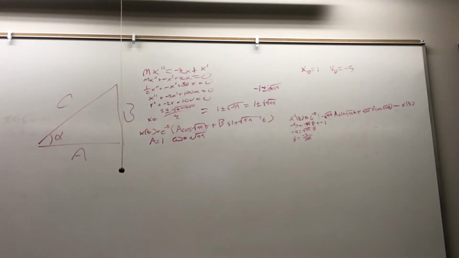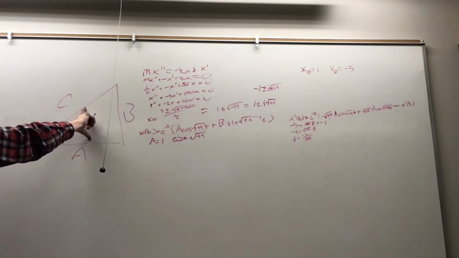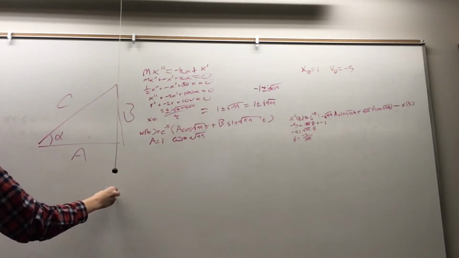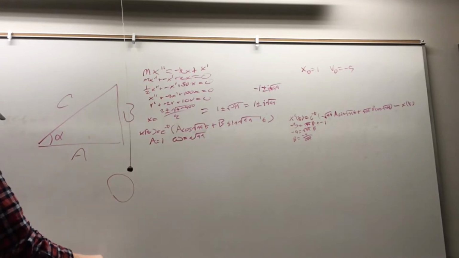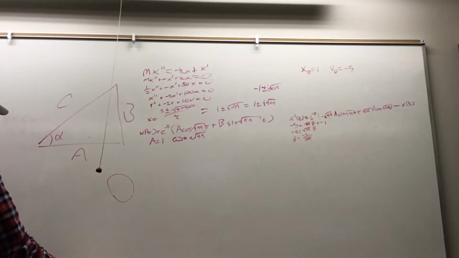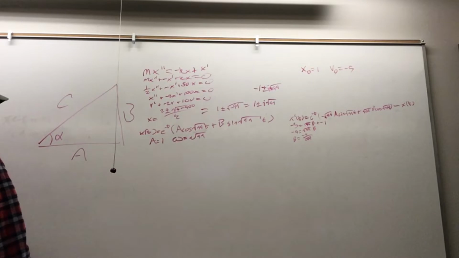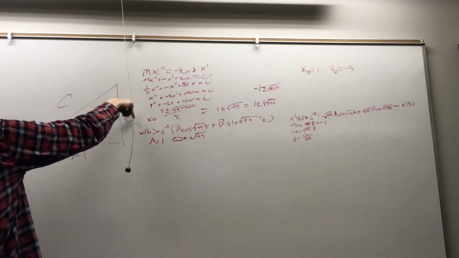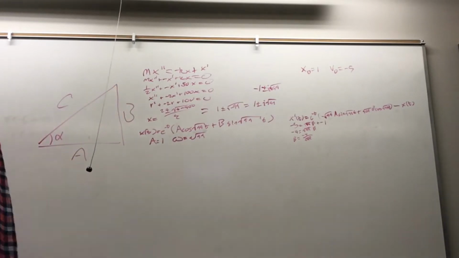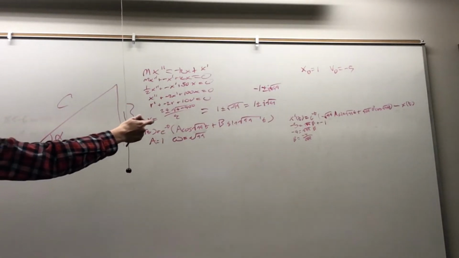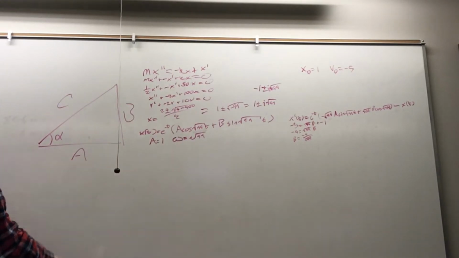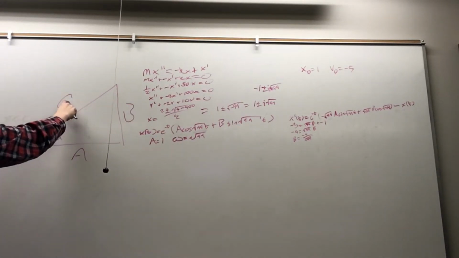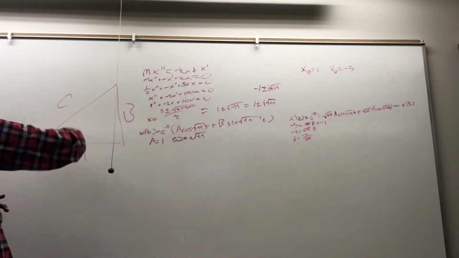We'll remember that A, B, and C are on a triangle. Alpha is the offset angle. So again, it's like it's going in a circle and it's been squished down. Alpha would be the offset as to where it starts. And this should make sense because it's B times the sine, A times the cosine, because it's sine of 0, 0, 1. So we need to find C. That's the amplitude.